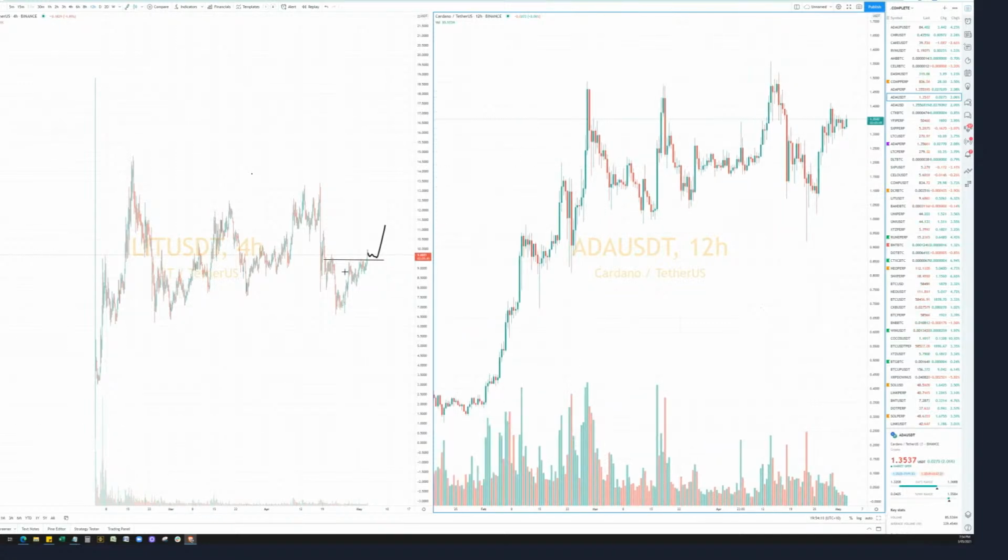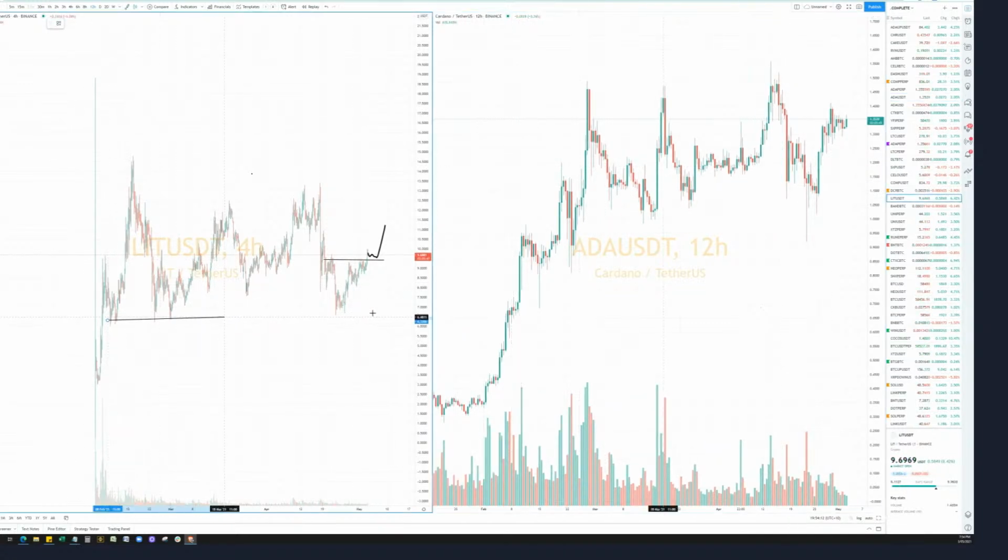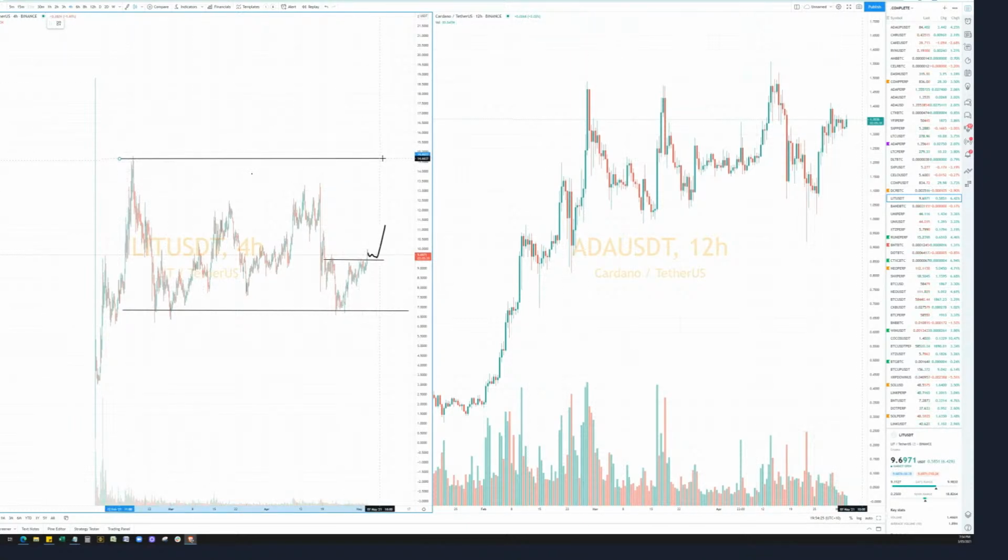If you look at ADA, let's look at this, right? We've got the bottom level. We can raise that bottom level just a little bit to there. And we've got the top level, so obviously that's the top. And then we've got these mini levels, and what you do is you apply your Fibonacci to them. And then you'll see confluence.